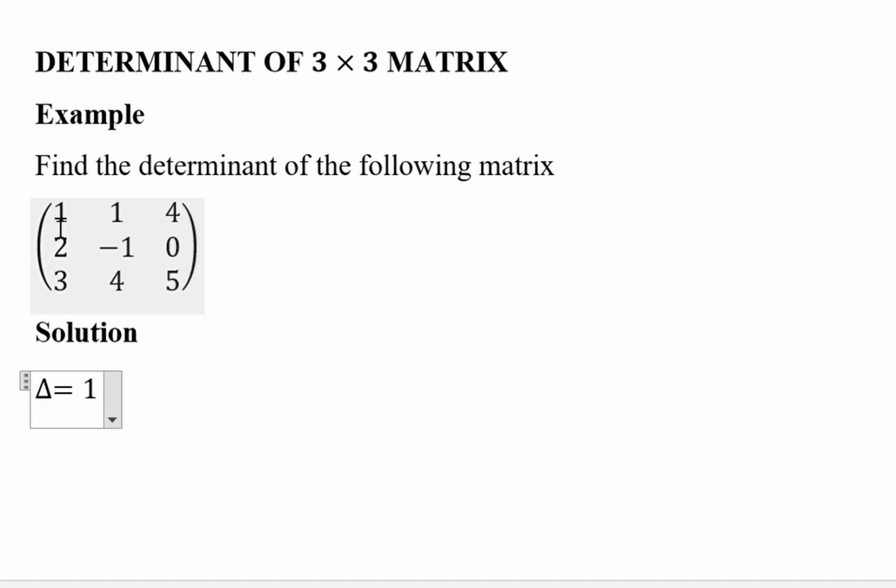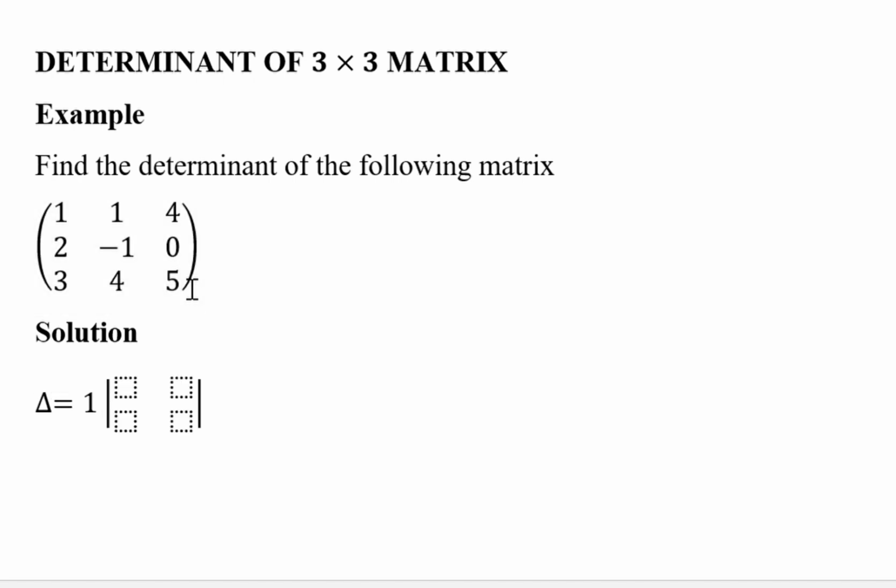This is the one that we have here. Now cancel the row and the column on which it is. If we mentally cancel this row and this column, the elements that remain are -1, 0, 4, 5. Use them to form a 2 by 2 minor matrix whose determinant we are interested in.